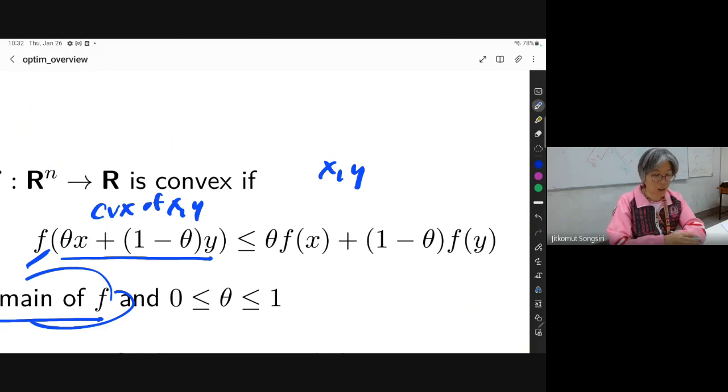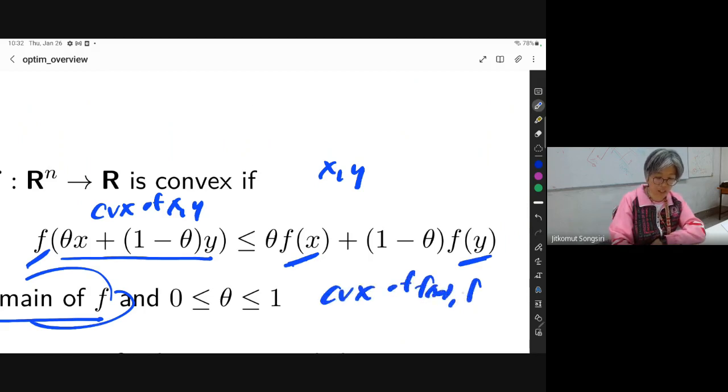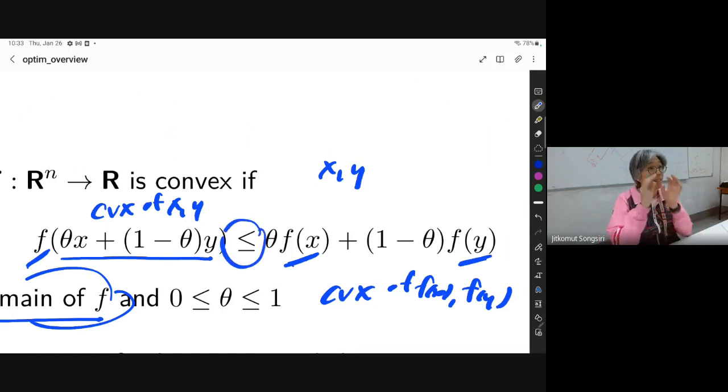On the right hand side, you evaluate f(x) and f(y), and then you make a convex combination of f(x) and f(y). Different operations. If the function of the convex combination of x and y is always less than the same convex combination of f(x) and f(y), the function is said to be convex.